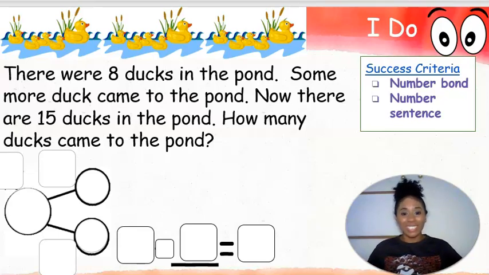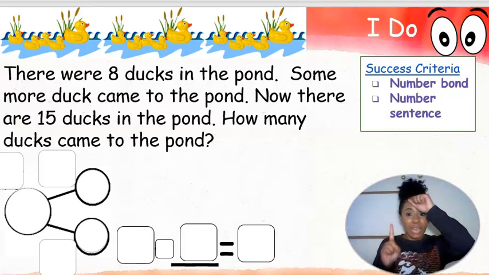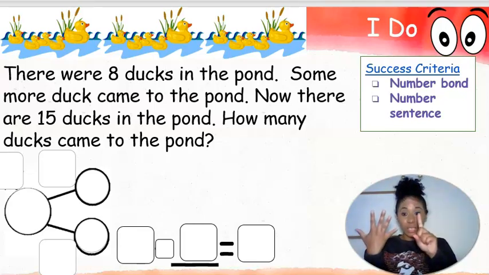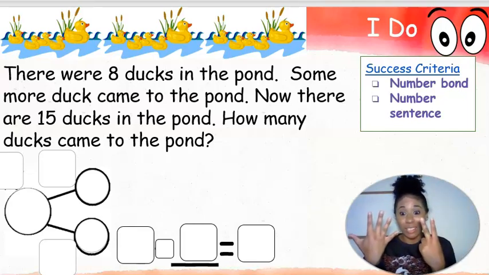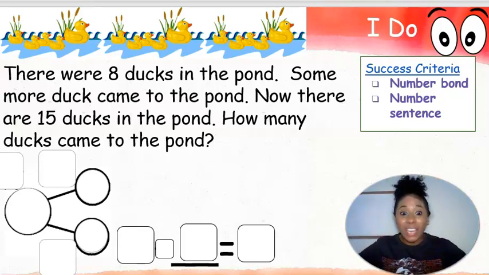All right, listen closely. 8, 9, 10, 11, 12, 13, 14, 15. How many ducks came to the pond? How many fingers am I holding up? 5, 6, 7. So 7 ducks came to the pond. I can show my work in a number sentence and a number bond.